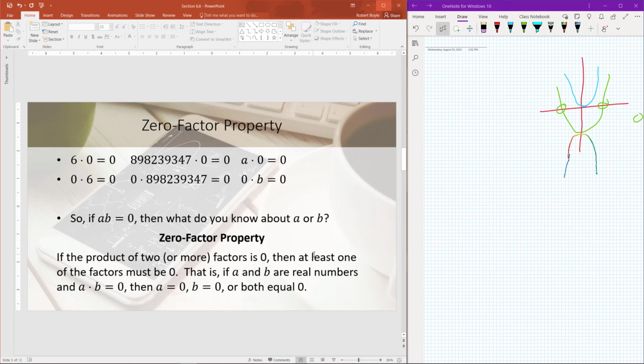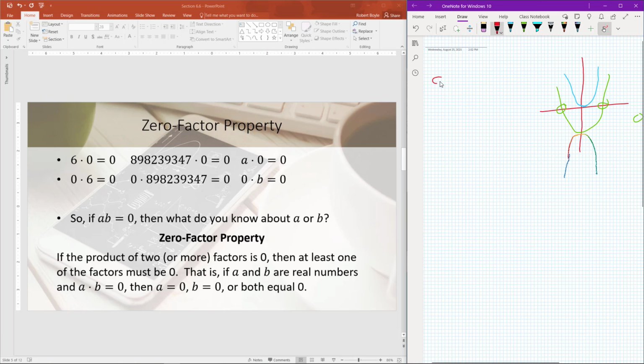Okay, so what is up with this thing called the zero factor property? Well, as you might notice, as we see here, 6 times 0 would always be equal to 0, because you're multiplying it by 0. And we can use any number we want, or we can generalize it and just simply say that any number a times 0 will be 0. Similarly, 0 times 6 would also be 0, and 0 times this monstrosity of a number would be equal to 0, or 0 times any number b would be equal to 0.